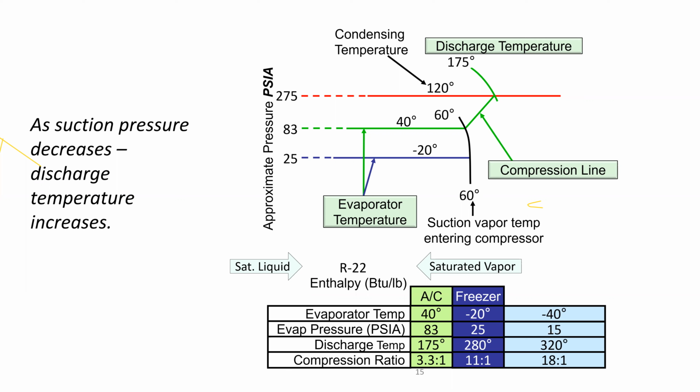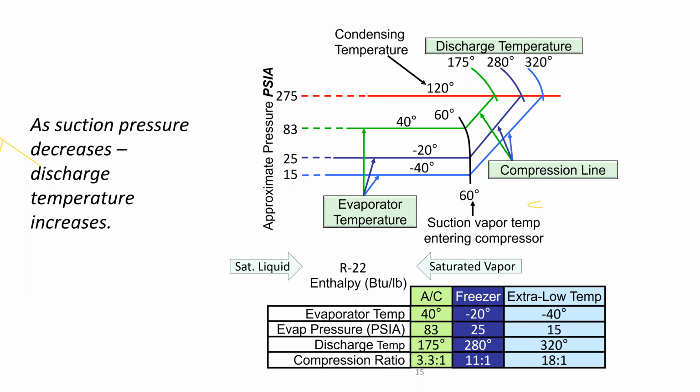And the 60-degree evaporator entering temperature at 275 psi is now 280, and the minus 40 is now running the discharge at 320 degrees, which, as we mentioned, is unacceptable.